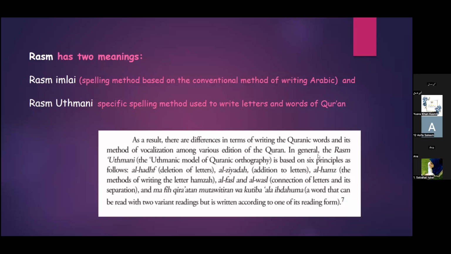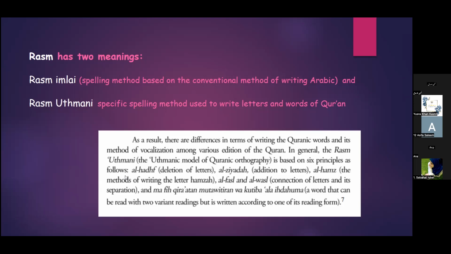Now, in general, the Rasm Uthmani, the Uthmani model of Quranic orthography, is based on 6 principles as follows. We have in Rasm Uthmani the letters which are deleted. If you write it in Rasm Imla'i, those letters would be there, but in Rasm Uthmani the same word will have certain letters deleted.